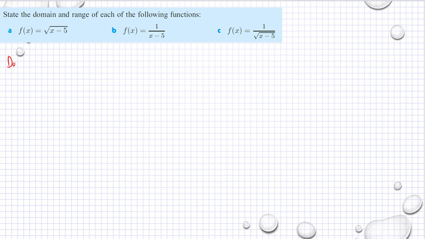So we have the domain. Okay, if I'm going to put a value of x such that it allows me, then it should be positive. So that means x minus 5 should be greater than or equal to 0.